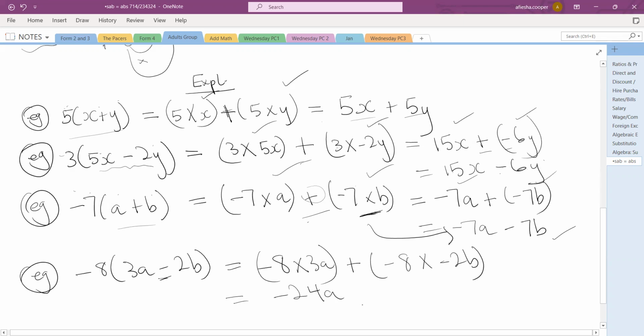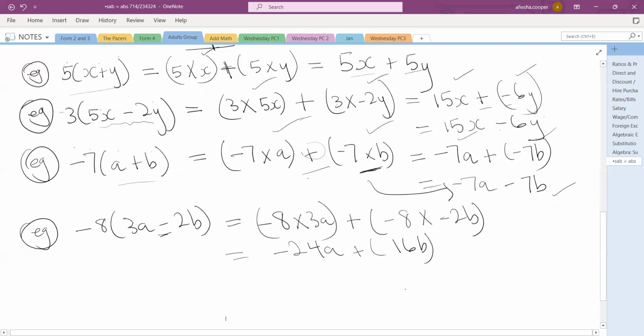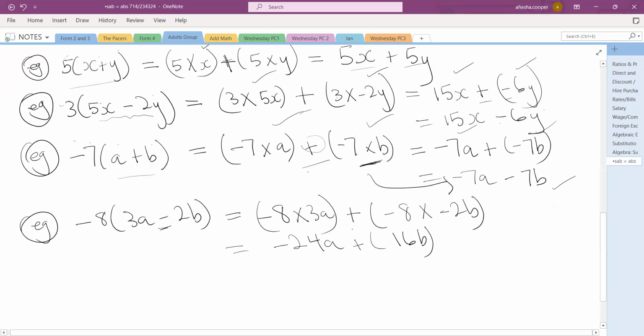And of course, we put back our plus, we don't have to, plus negative by negative is positive, so that's just going to be 16B. And if we realize it's a positive by a positive, that will just give us negative 24A plus 16B.